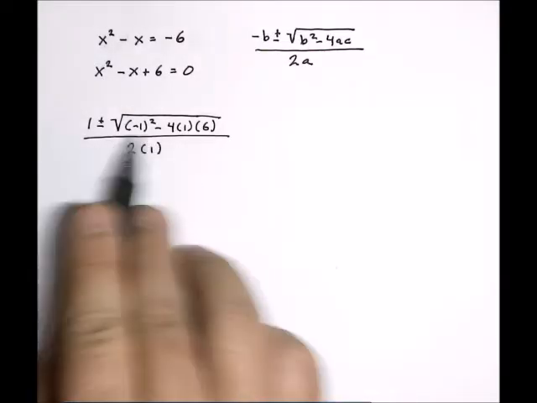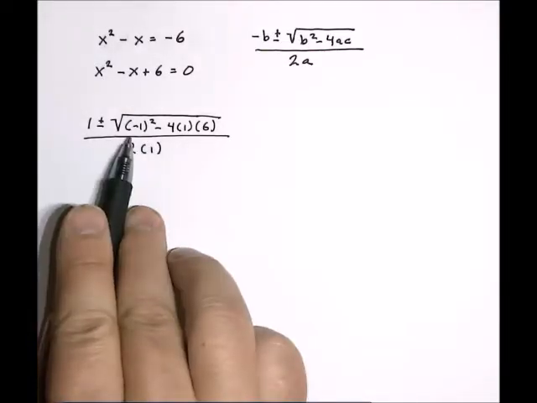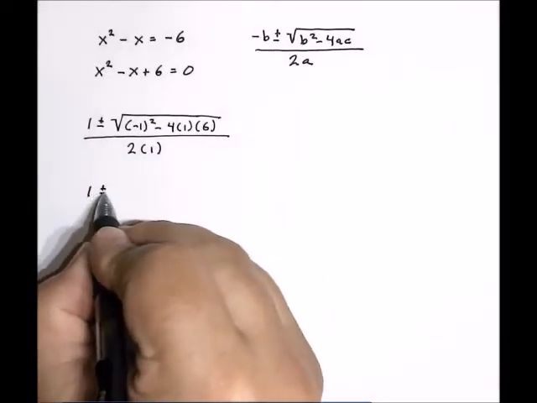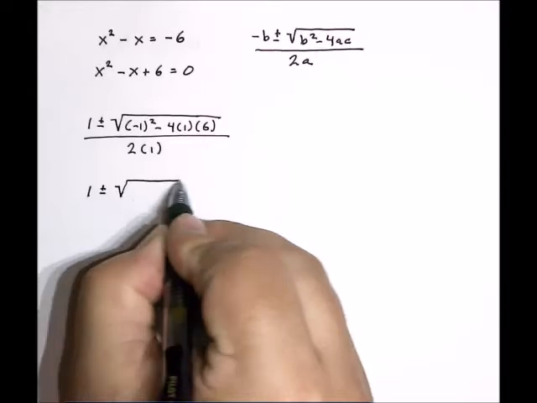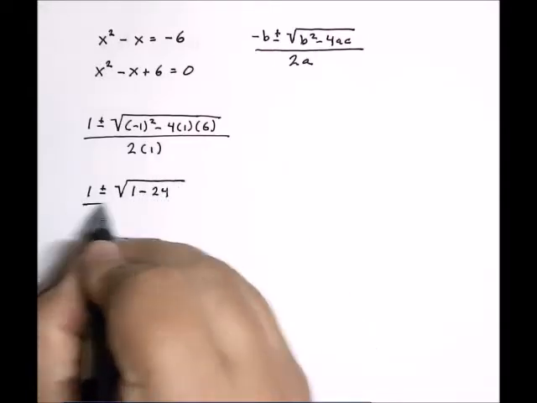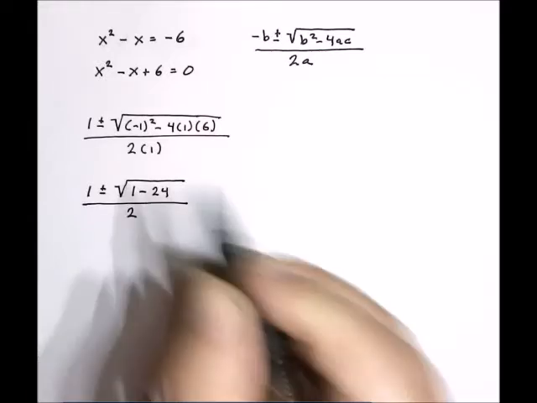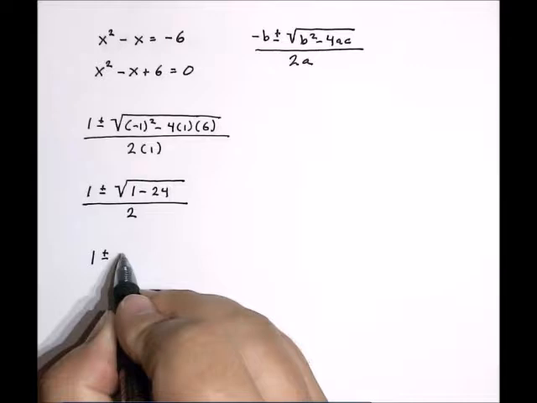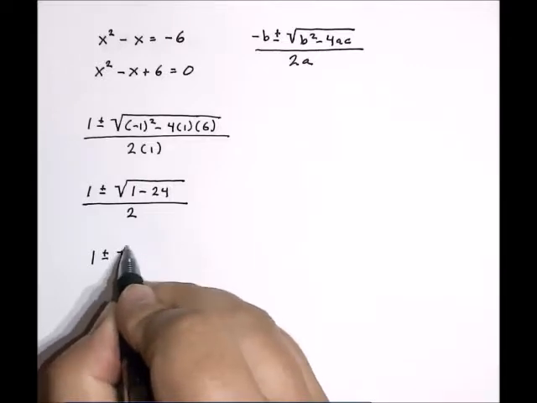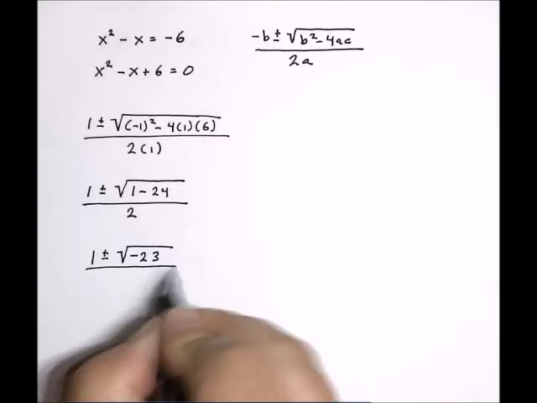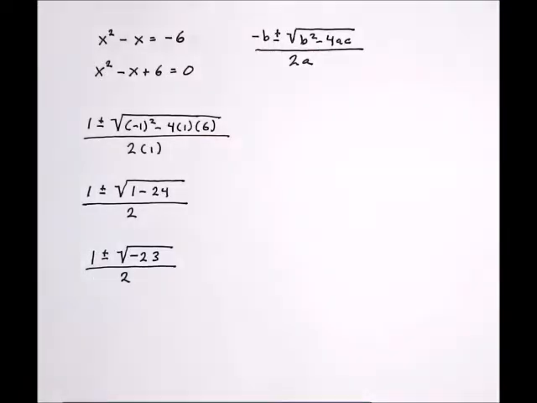And let's simplify this. So that's 1 minus 24. And when I simplify that some more, I get that.